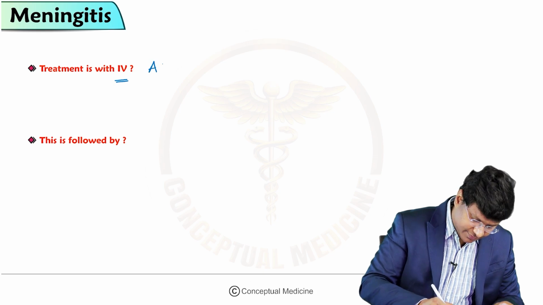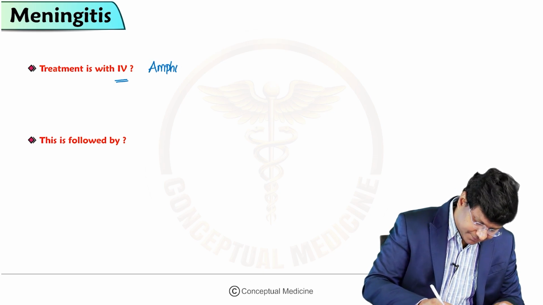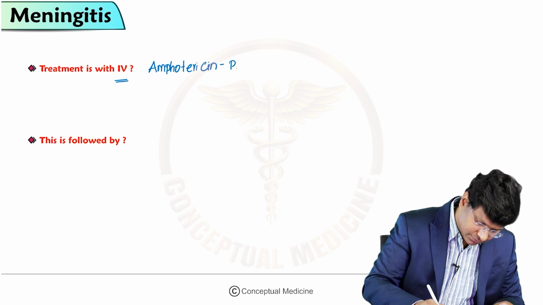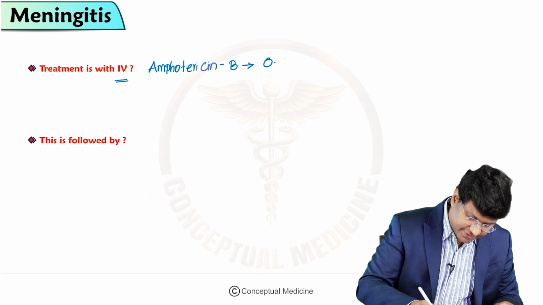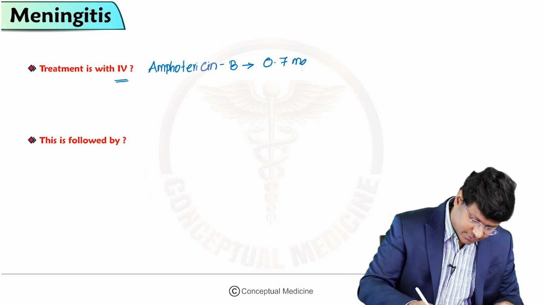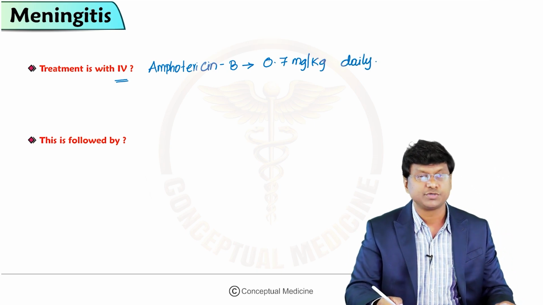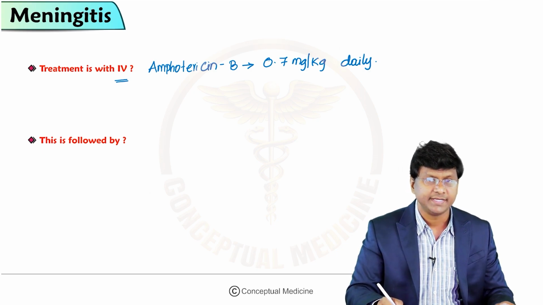This amphotericin B has to be given at a dosage of 0.7 milligram per kg daily.